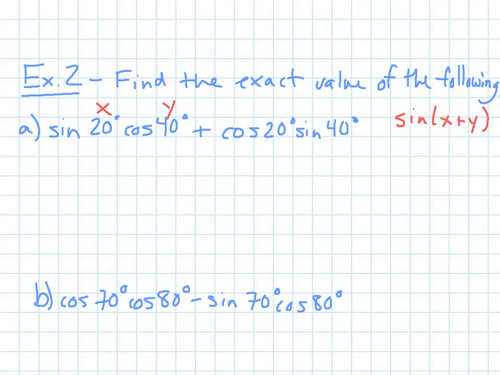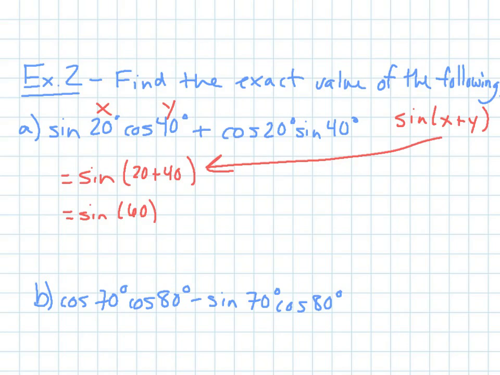Okay? So now, using that, I can rewrite this, plugging in what my x and y are, so I can say 20 plus 40, and then simplify that, so 20 plus 40 is 60. Okay? So sine of 60 is square root of 3 over 2. And so that would be my answer.